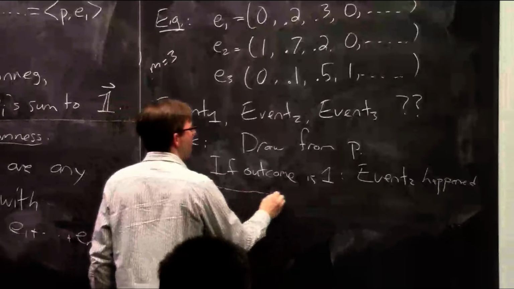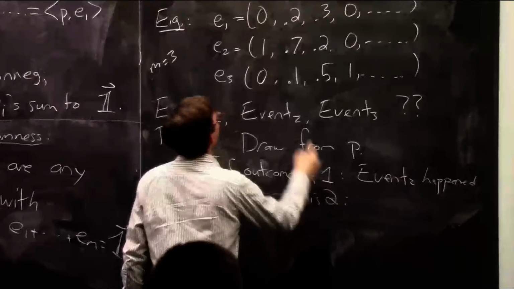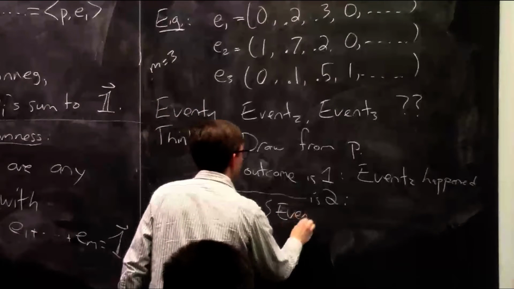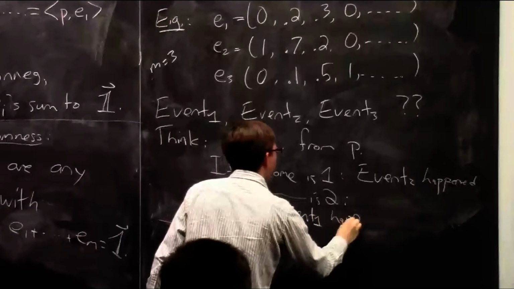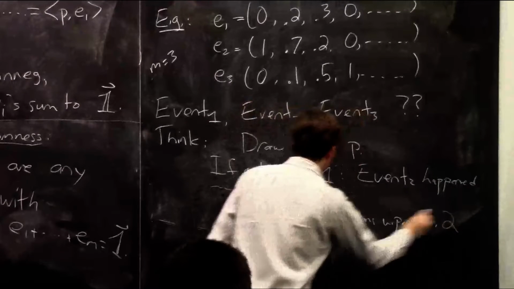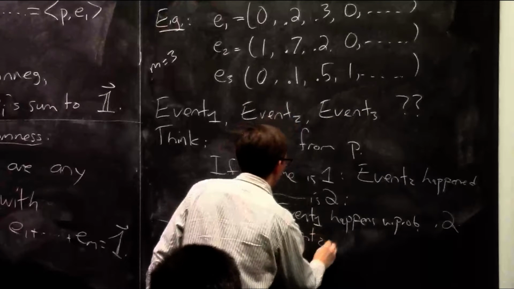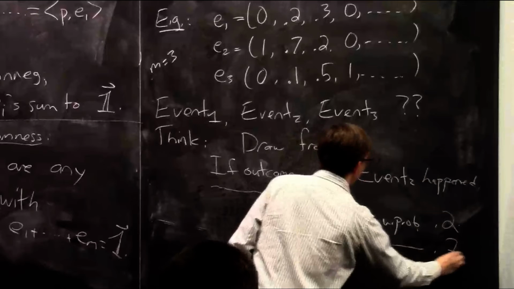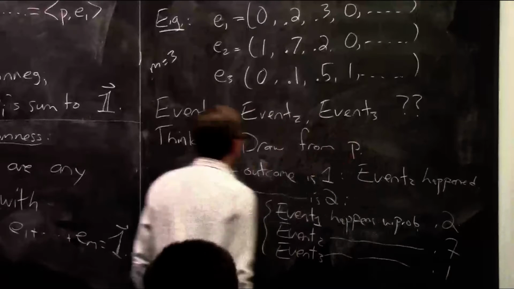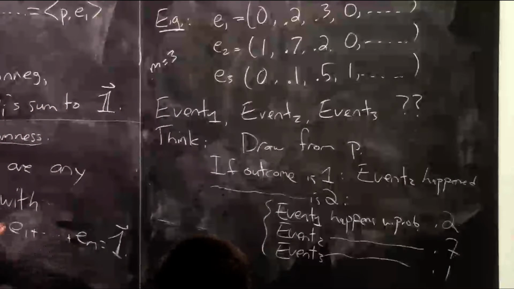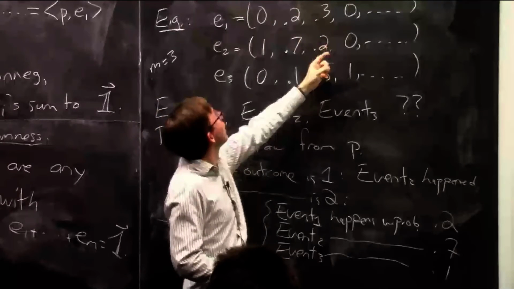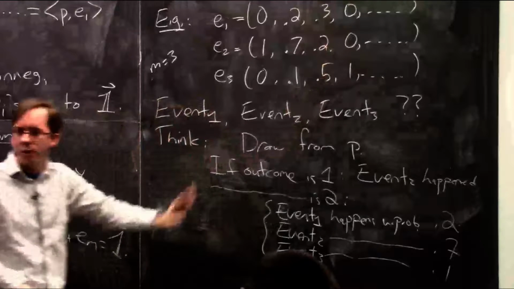Now, if the outcome is 2 in your draw from P, that's this column, then event 1 happens with probability, what did I write, 0.2. And event 2 happens with probability 0.7. And event 3 happens with probability 0.1. Similarly, if the draw from P is 3, then event 1 occurs with probability 30%, event 2 with probability 20%, event 3 with probability 50%.